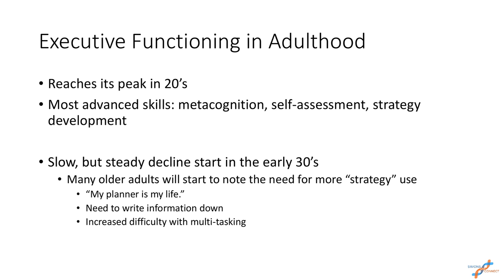So I hear lots of adults saying, well, my planner is my life. I don't know what I would do if I lost it. We wouldn't be able to remember anything that was in it. Having to write information down as opposed to just being able to absorb and remember, and increased difficulty with doing multiple things at one time. So having a hard time remembering everything that you need to get done and switching tasks less efficiently as we get older.